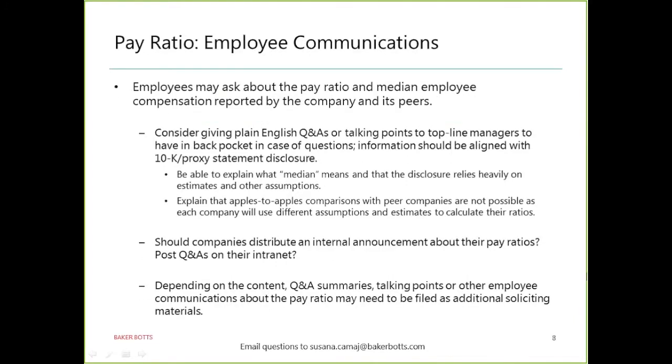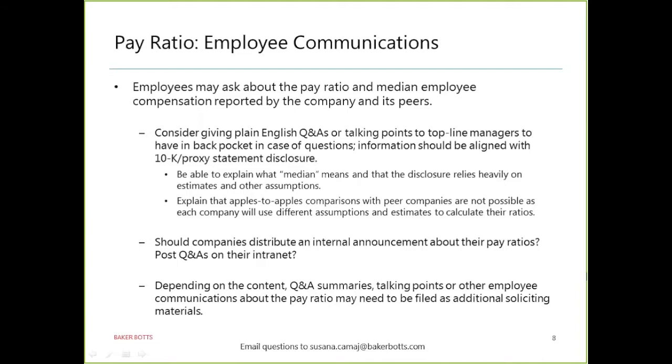So not only will we have various stakeholders reading our proxy statements, but with this pay ratio disclosure, you may have employees who are reading it as well. Although there was a recent conference where someone admitted that they had asked their employees who knows what a proxy statement is and what it discloses, and they got a lot of blank faces in their audience.